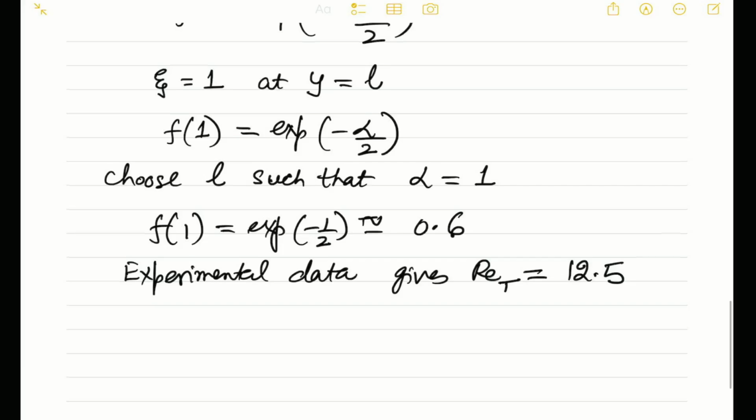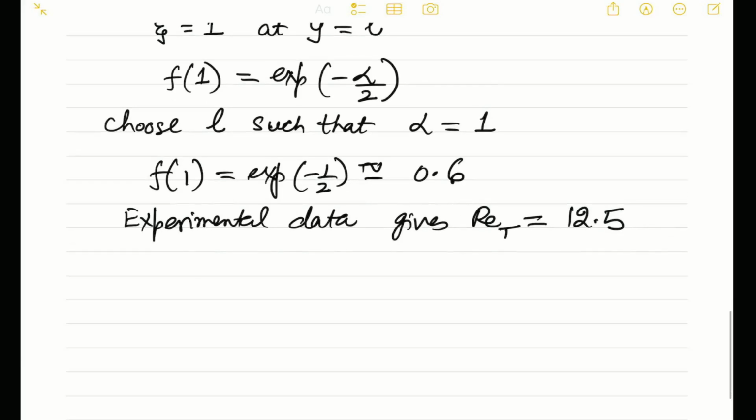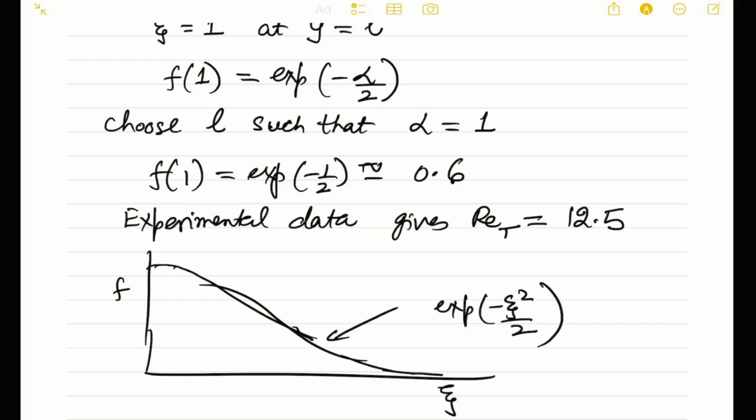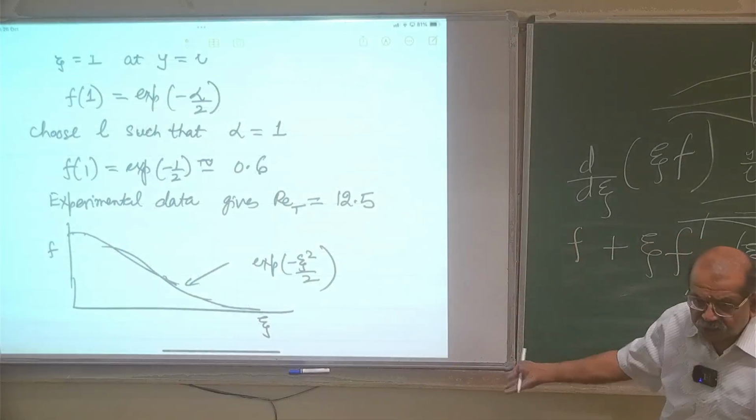So what we do is, if we plot f as a function of zeta, this is the graph for exponential of minus zeta square by 2. At zeta equal to 0, this has to be 1, and then it has to drop exponentially.